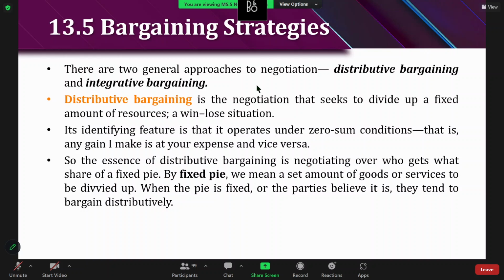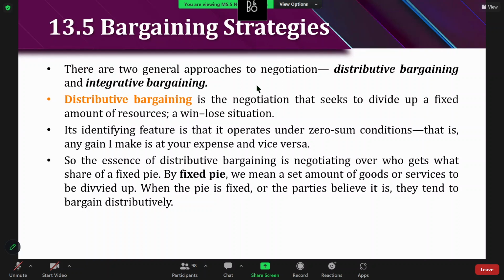Distributive bargaining is negotiation that seeks to divide up a fixed amount of resources, that is a win-lose situation. If two parties are trying to divide a fixed pie, the amount cannot be increased, the resources are limited, a fixed amount of resource or money is there, and the people try to divide it among themselves, then obviously it will lead to a win-lose solution.